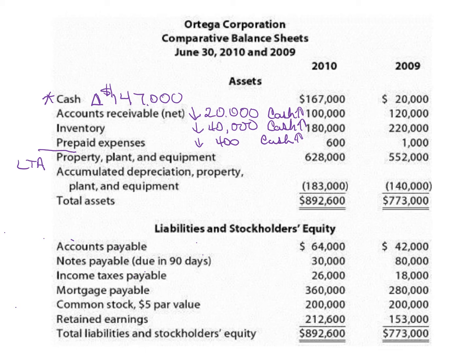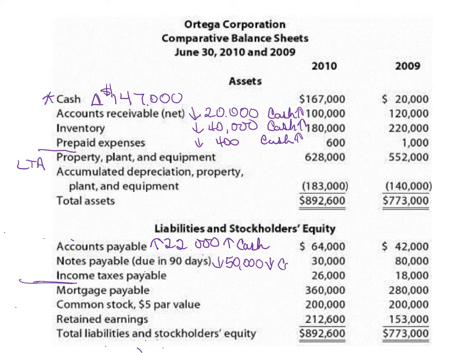Looking at our current liabilities, we have accounts payable. Accounts payable went up 22,000. So if the change is 22,000 and I have more accounts payable, that means I haven't paid the bills and I still have the cash. So the cash on the cash flow statement will go up 22,000. Notes payable went down 50,000, and the only way a note payable can go down is if you pay the note.